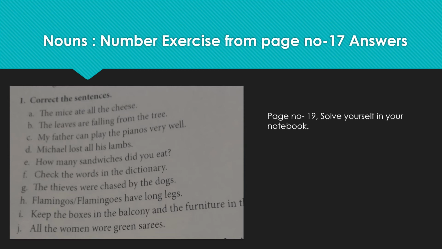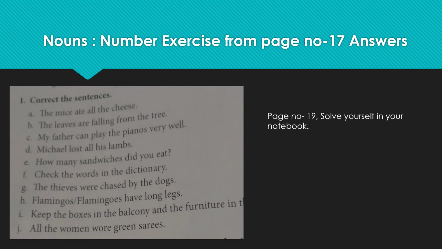How to change the singular into plural? You have to add es, ies, ves. When to add and how to add, I explained to you all. You have to remember it, see it here in your textbook, and then solve page number 17. Understood, everyone?